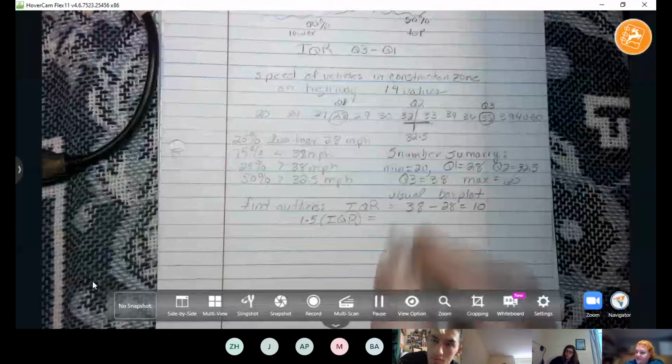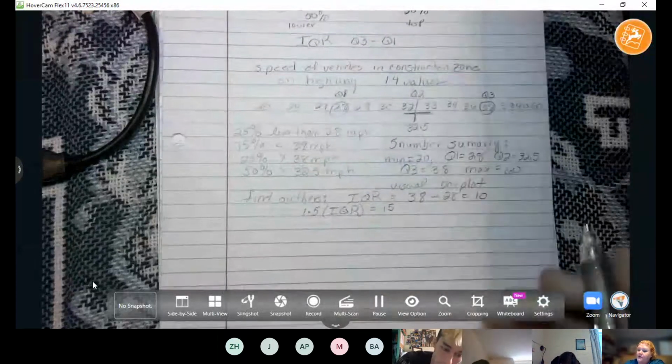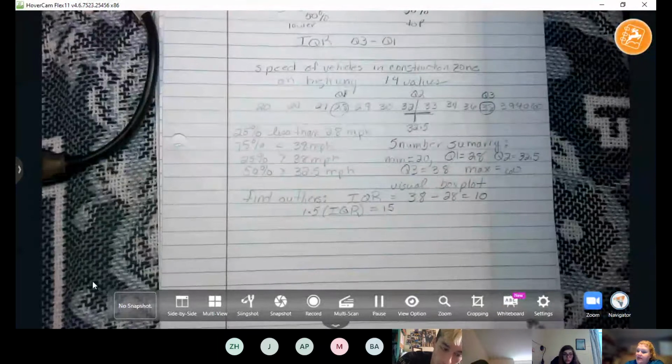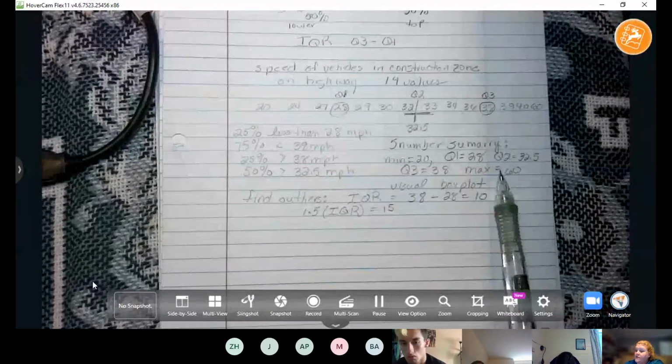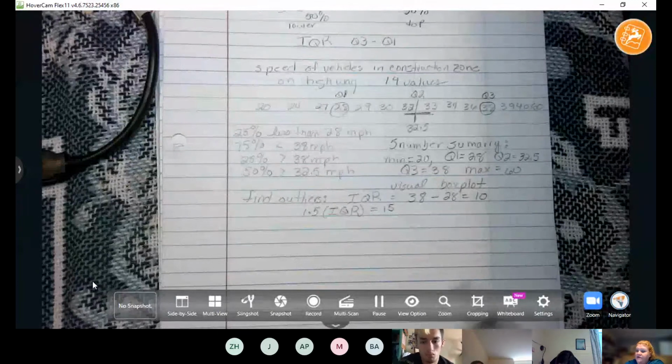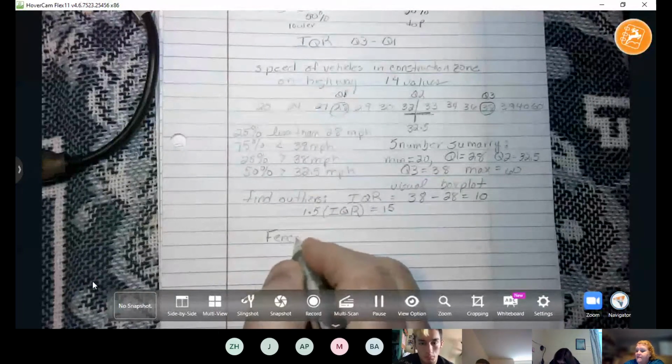$15. Now what we do is we take the first quartile and the third quartile, and we're going to find what we call a fence.